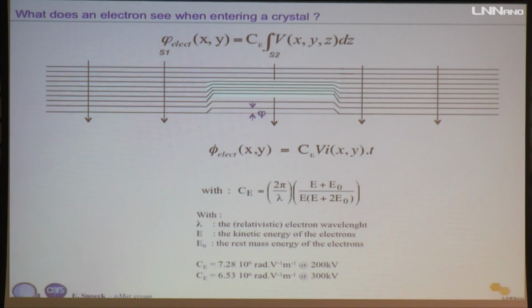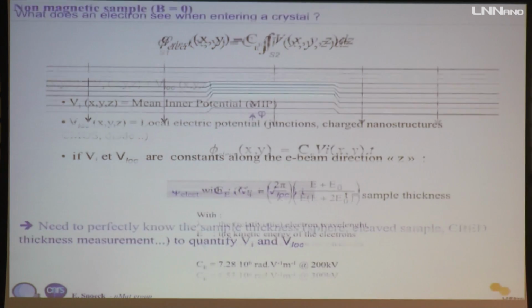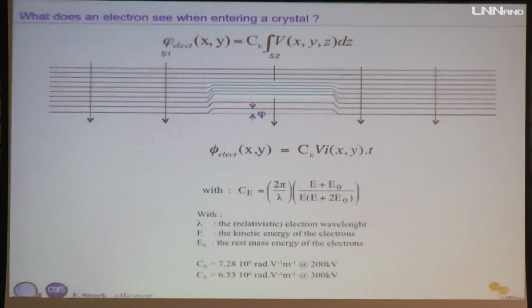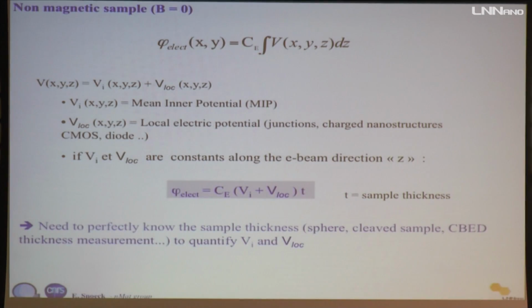So what I tell you is that with this term, you should be able to measure this mean inner potential. In case of some electrostatic device like a PN junction, or even charged particles, I will show you something on that.